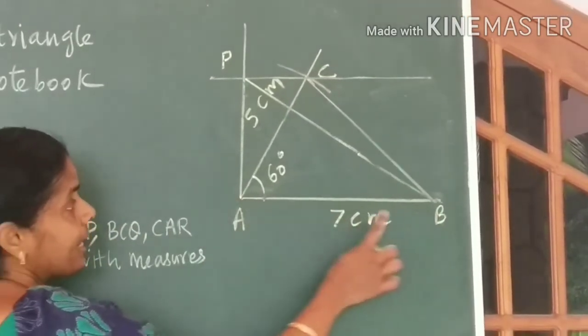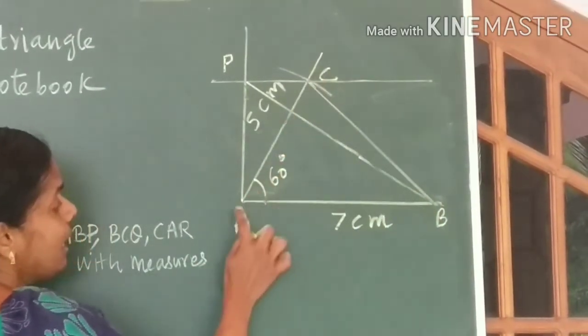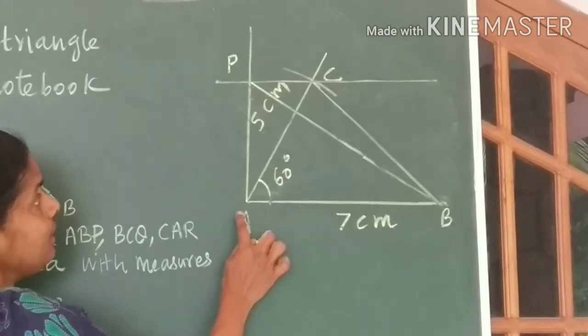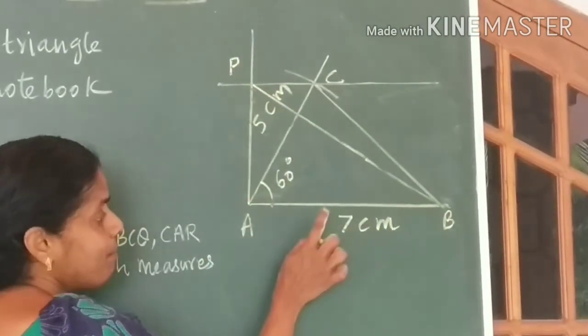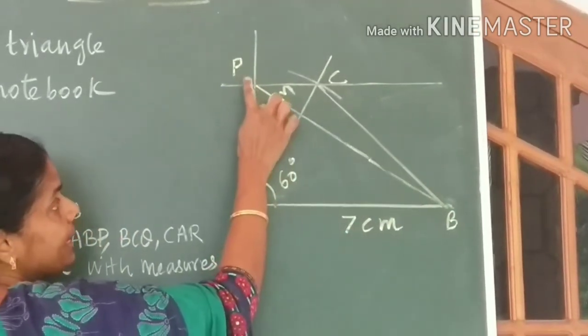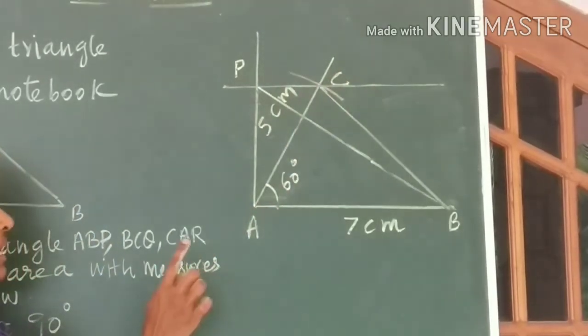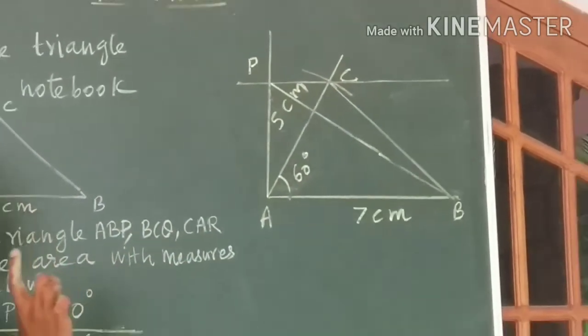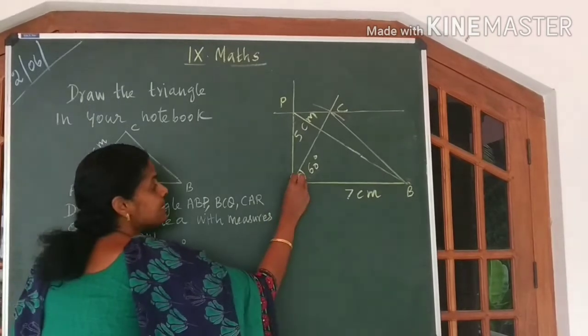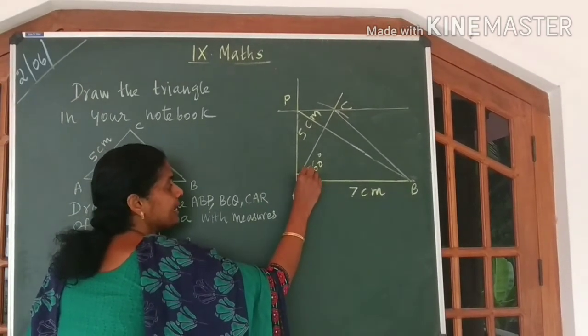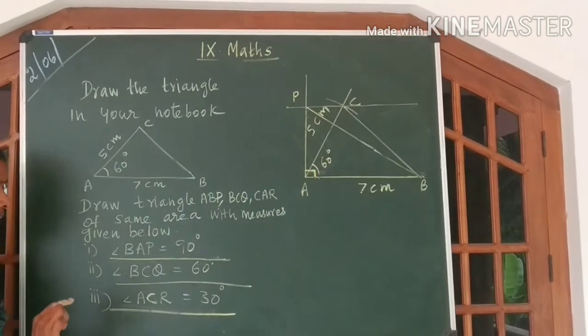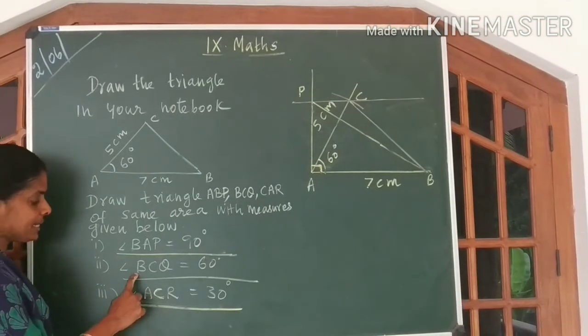So for triangle ABC and also for triangle APB, the base is the same and the third vertex is on a line parallel to the base. So the areas are equal. Now this angle is 90 degree. Okay. See the next question.